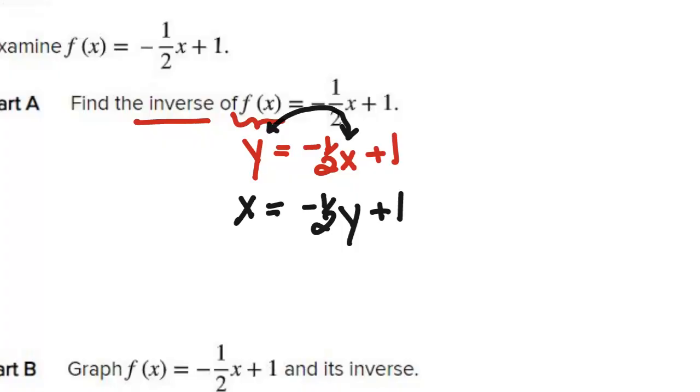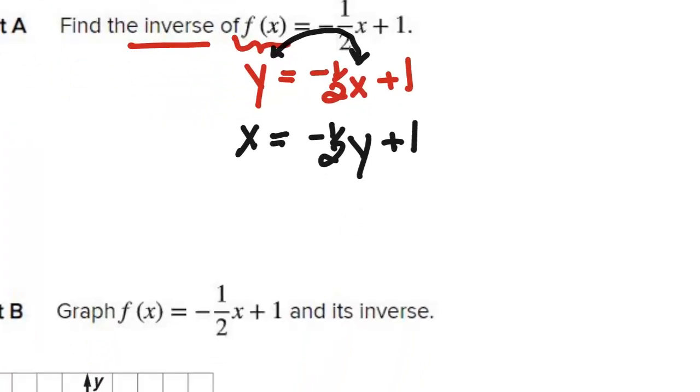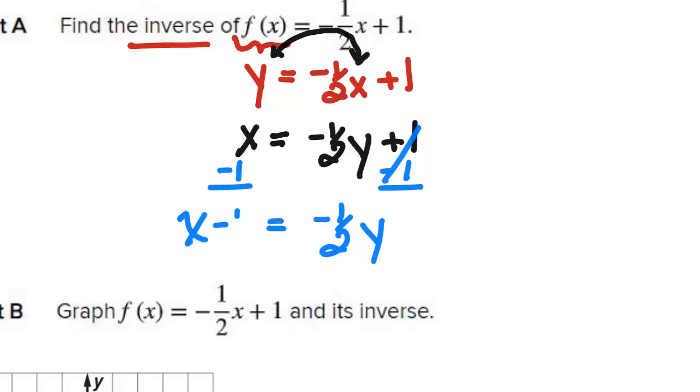All right. So to get y by itself, you would subtract 1, subtract 1. Ones cancel out. So negative 1/2 times y is equal to x minus 1.